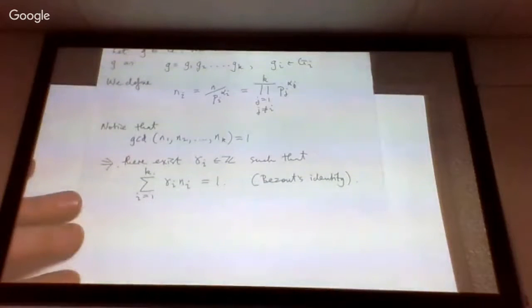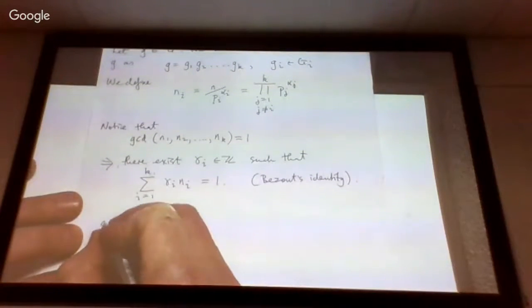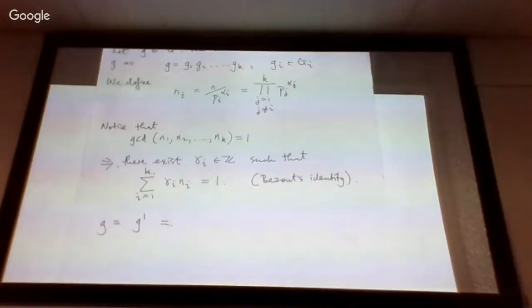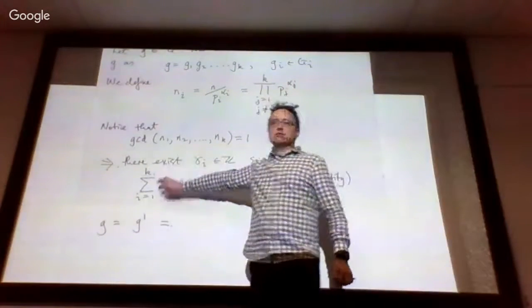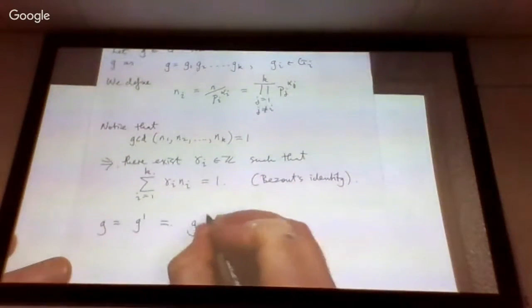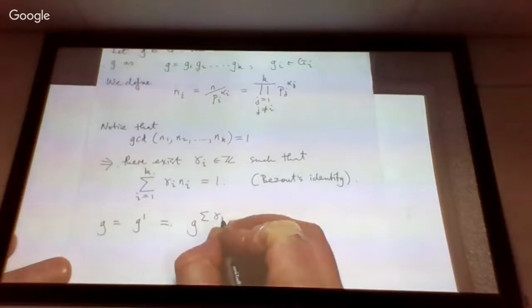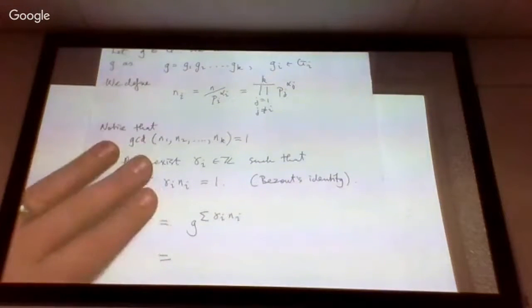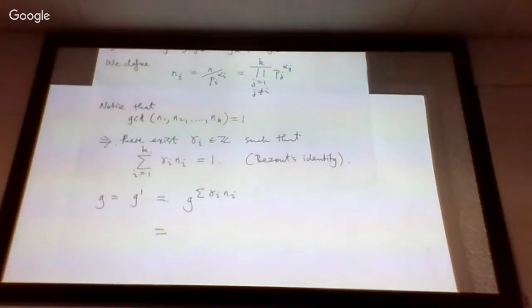And here's where they come about, because G, which is equal to G to the 1, and we take this interesting way of writing 1, is G to the sum of the gamma i ni. What do your rules of indices tell you about where the exponent is a sum of things? Multiplying the individual powers.